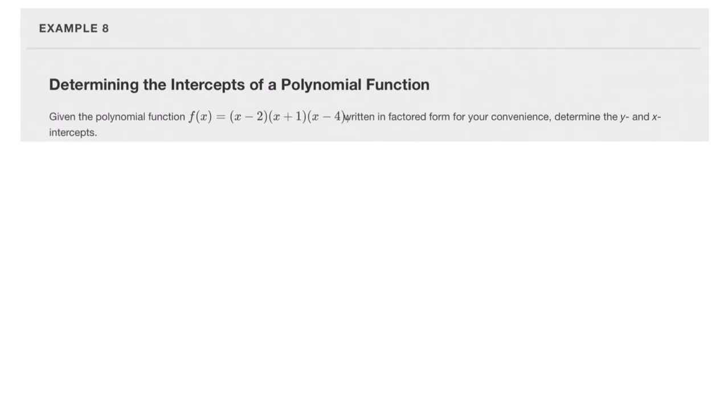So given this polynomial function written in factored form, determine the x and y intercepts. Okay. So often I prefer to start with the y-intercept. I feel like those oftentimes are easier. So if we're going to find the y-intercept, we set x equal to 0. Let me see. That's going to be a negative 2 times a negative 4, which is positive 8.